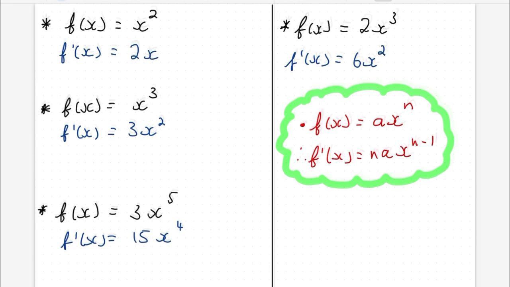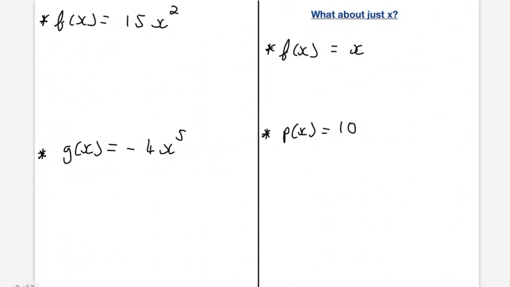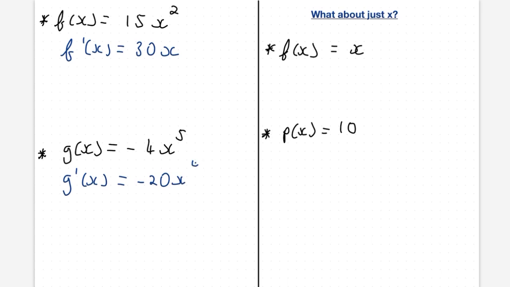Let's look at some more examples together. So if you're given that f of x is equal to 15x squared, then f prime of x would be 30x. 2 times 15 is 30. 2 minus 1 is 1. If you're given that g of x is equal to negative 4x to the 5, then the first derivative g prime of x would be equal to negative 20x to the power of 4.